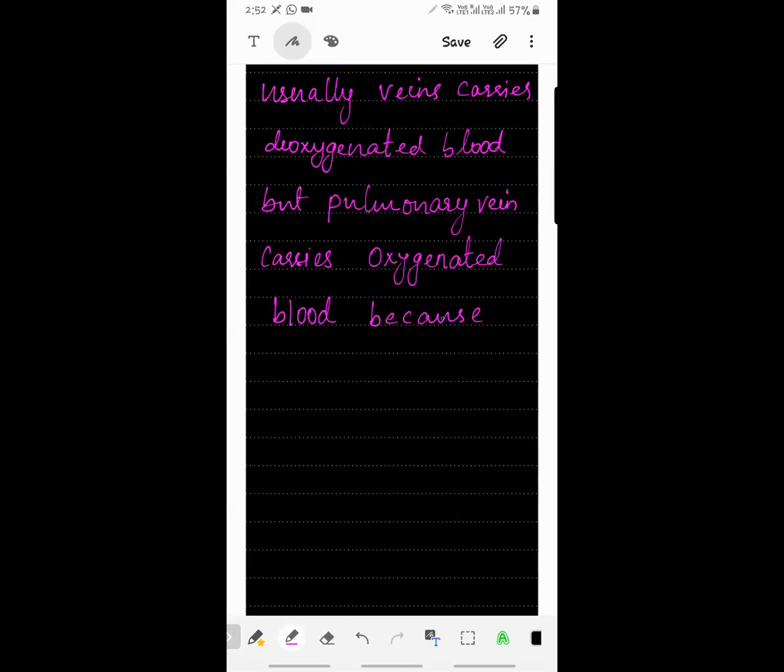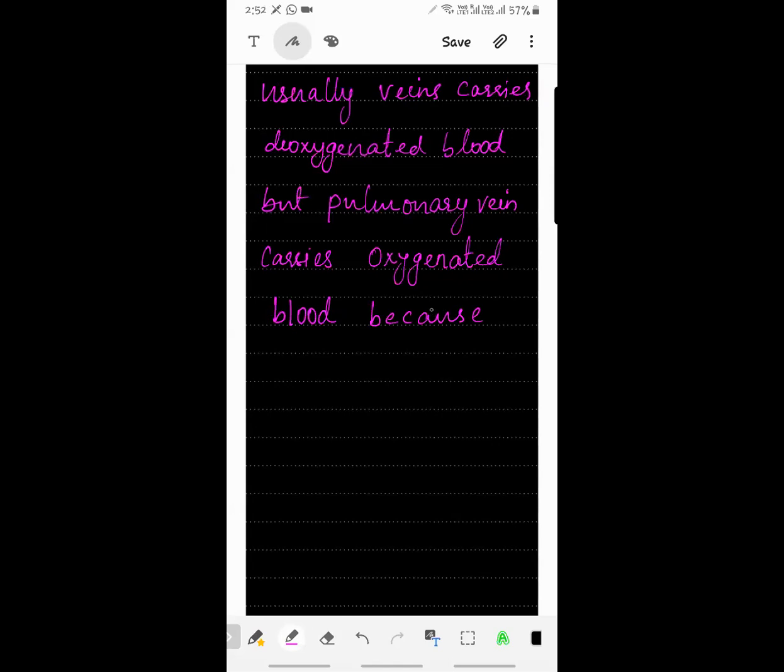Heart? No. It is the lungs. Correct. So the purified blood, how will it come to the heart? By which blood vessel? The pulmonary vein.